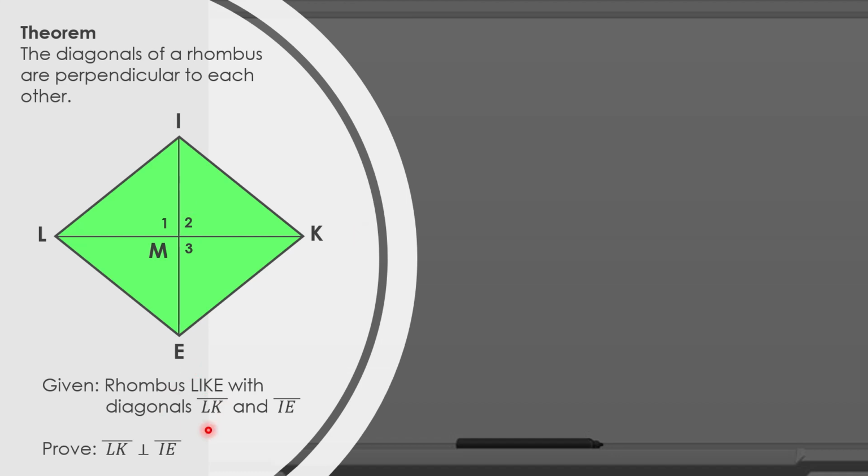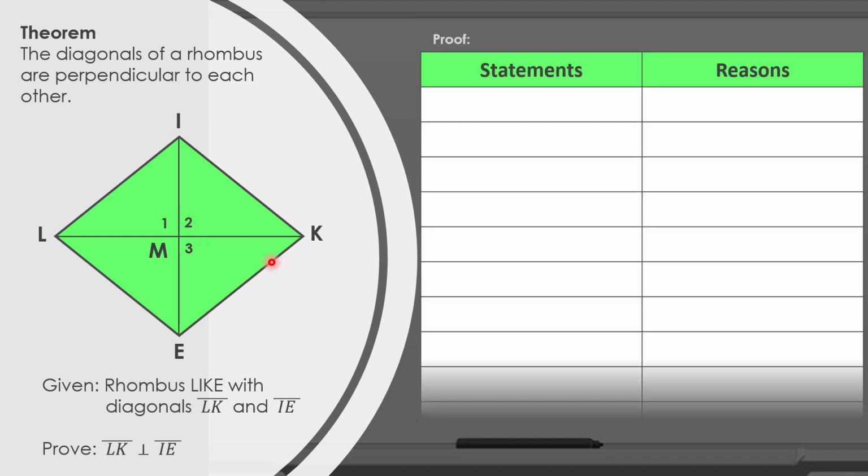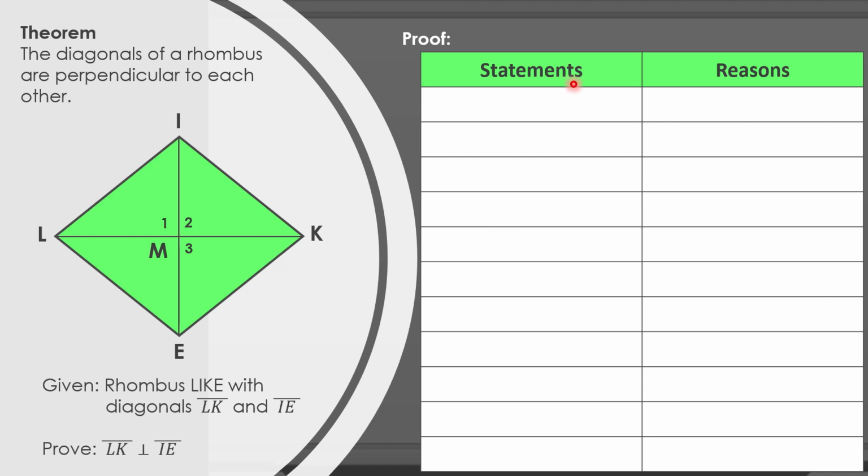And let us prove that diagonal LK is perpendicular to diagonal IE. It means it should form a right angle. So let us now use our two-column proof with the statements and reasons. Again, like what we did in our first example, we will start with the given, the rhombus LIKE with diagonals LK and IE, and that is the given.